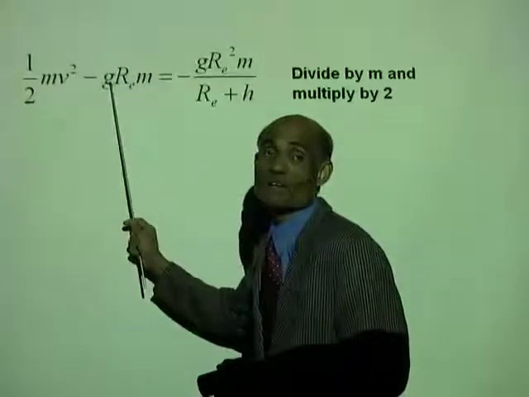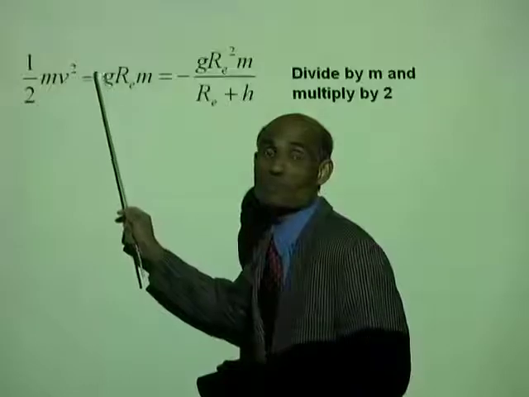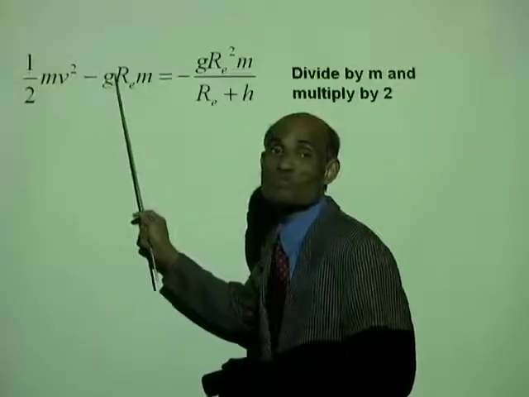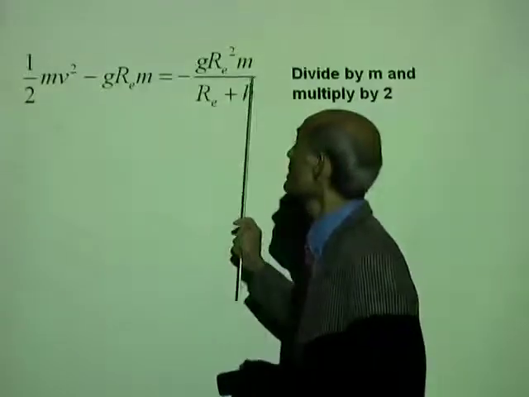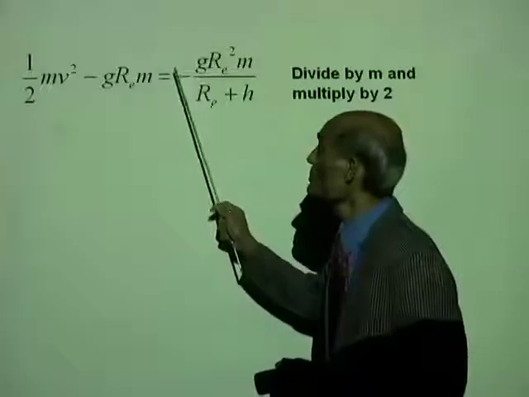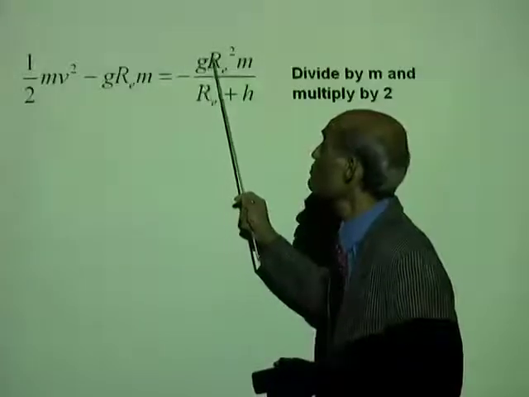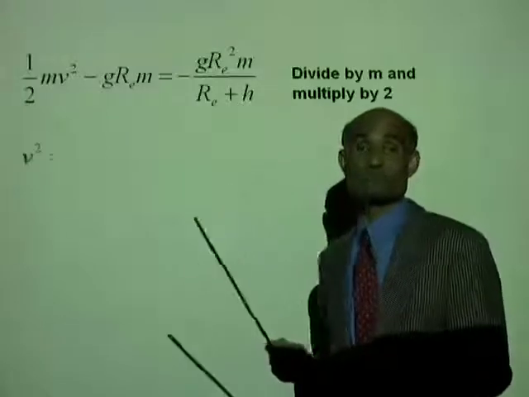What would this be? Divide by m, m will go, multiply by 2. This will be minus 2gR_E. And what will be the right side? Divide by m, m will go, multiply by 2. It will be minus 2gR_E squared over R_E plus h.